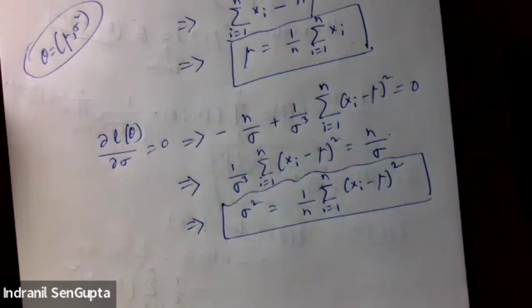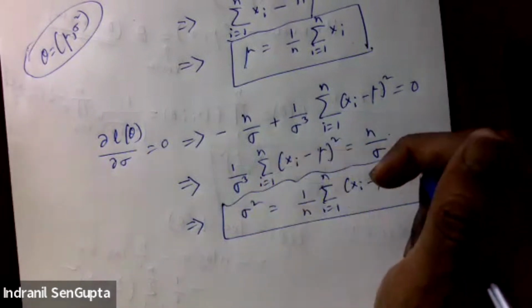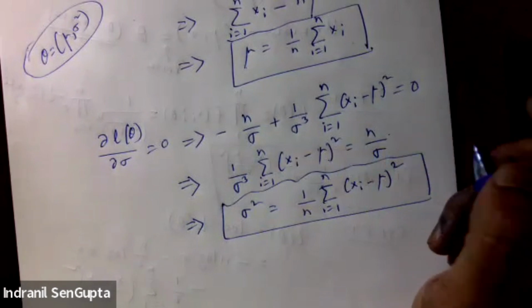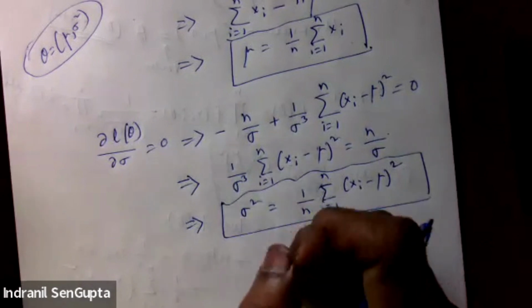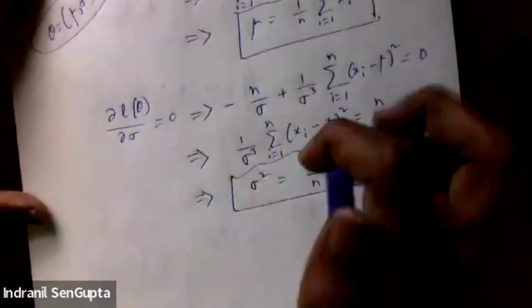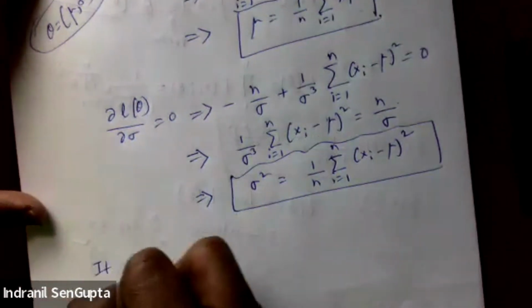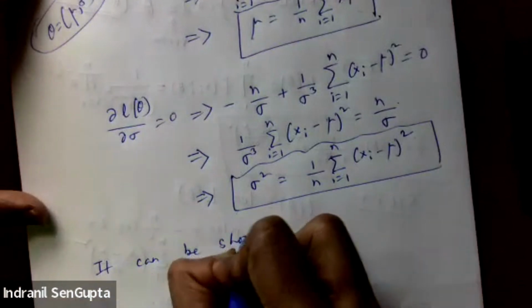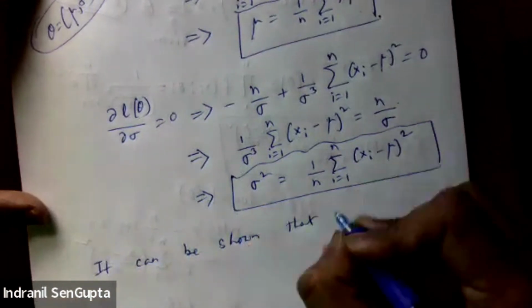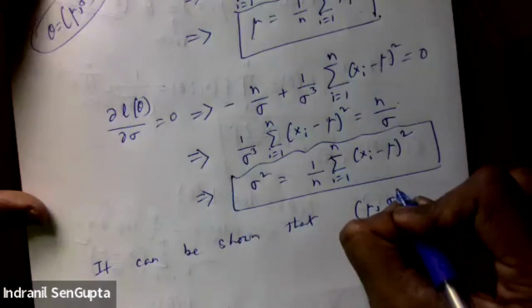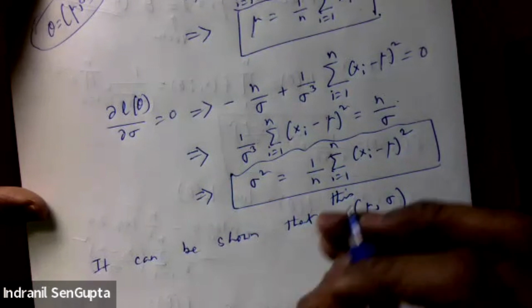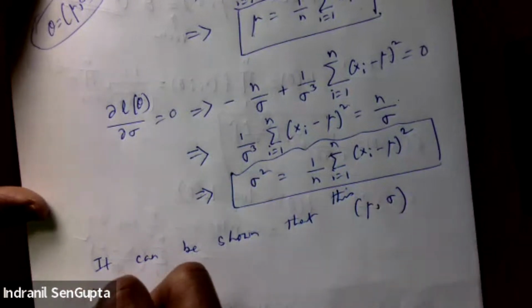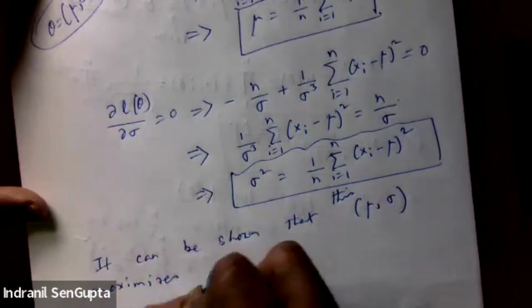All right. So now, in the interest of time, I'll not show that the second condition is also satisfied. I'll probably assign this as a homework problem, but it can be shown that this mu and sigma squared maximize L theta.